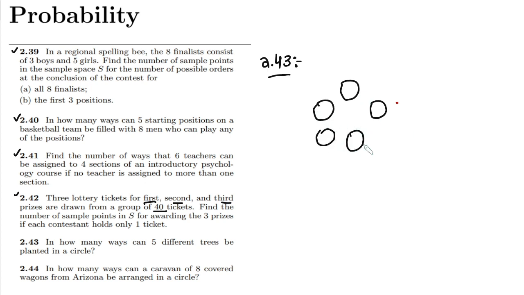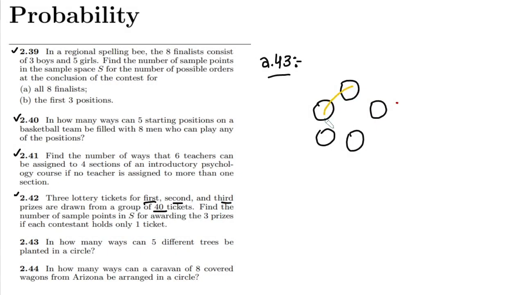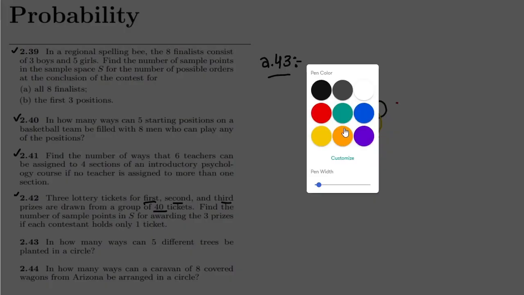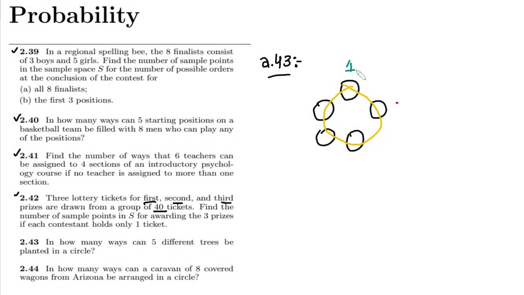So let me consider a hypothetical circle here. These are the positions of the trees: first position, second, third, fourth and fifth.